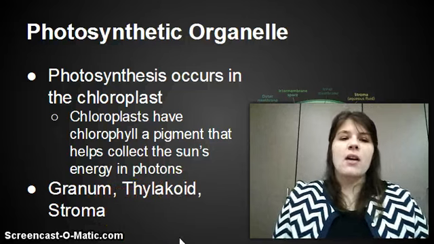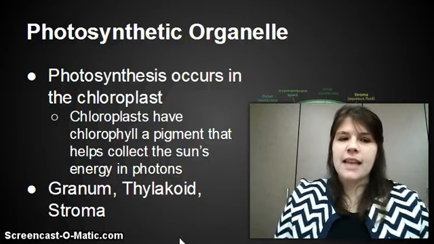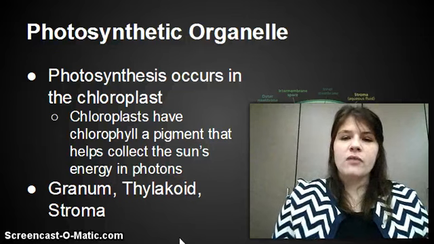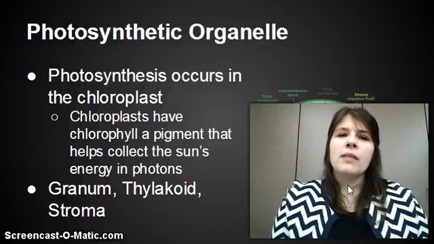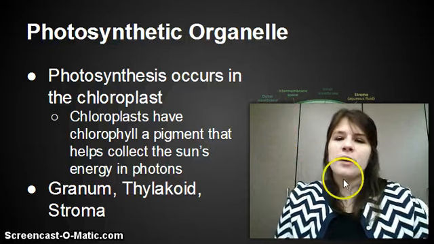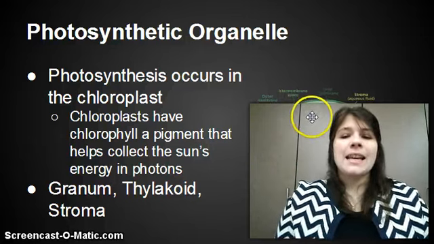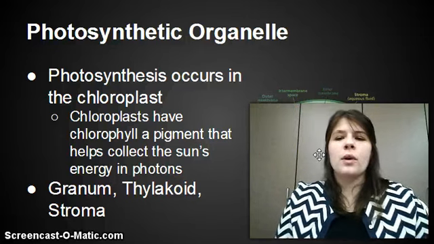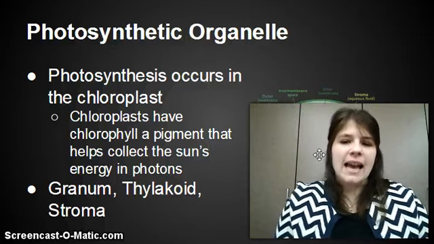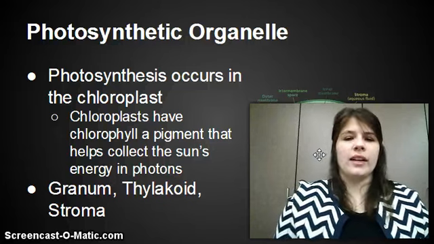So let's talk about the actual organelle that this is happening in. This organelle, remember, is the chloroplast. Here's your chloroplast. And the chloroplast is an organelle that has 2 membranes. It has an outer membrane and an inner membrane. And within that inner membrane, we're going to have stacks of what are called thylakoid.